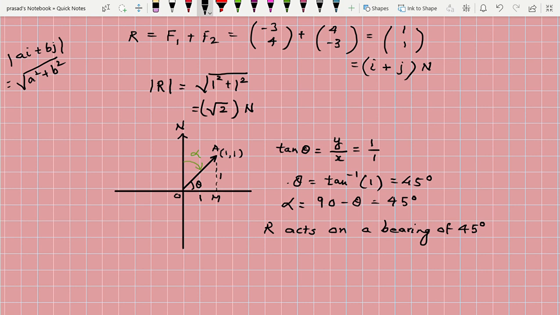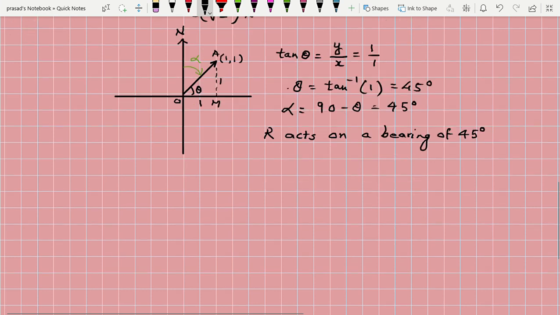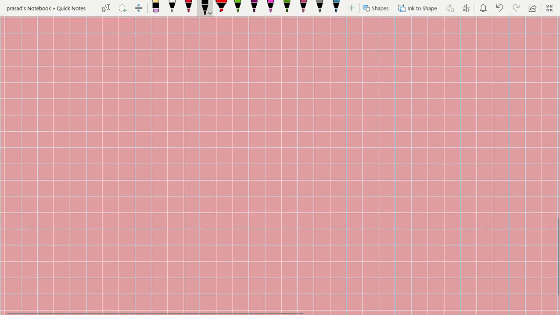And when you want to find out the angle, first sketch the resultant in the xy plane and see which angle you want to find out. Mark that angle, and using trigonometry, SOHCAHTOA, you can find out the angle. So I will give you some problems for practice.